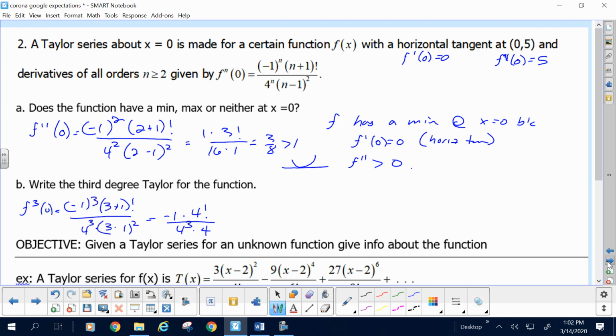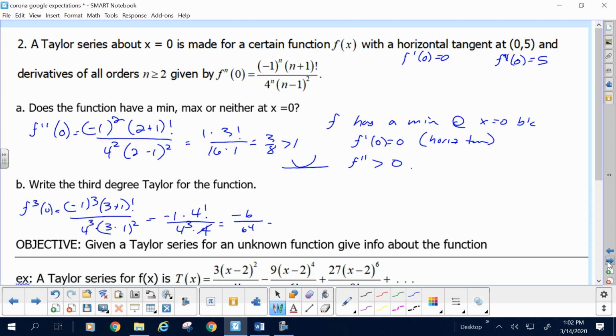So many 4s. I guess I could simplify this. You don't have to. I get what? -3 factorial if I cancel out a 4, so -6 over 64.